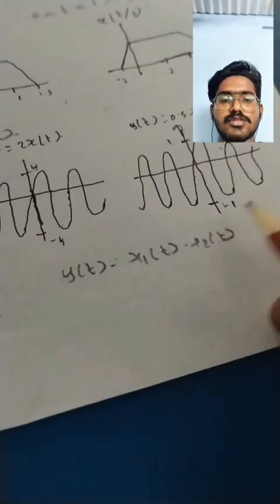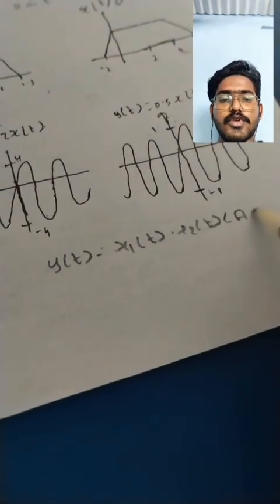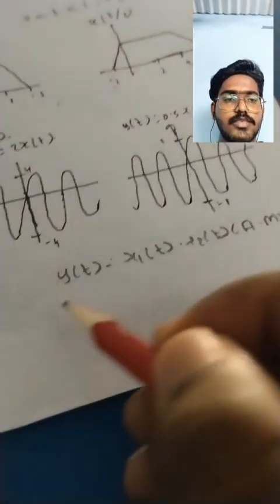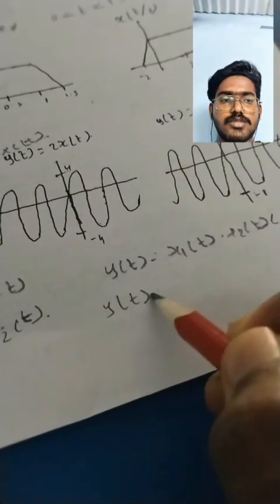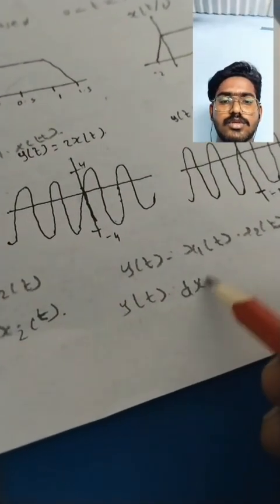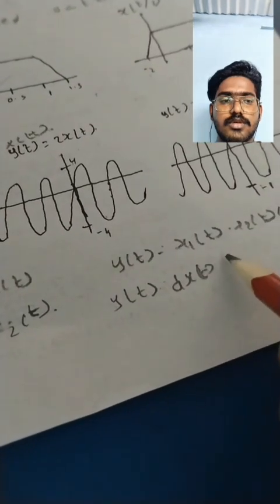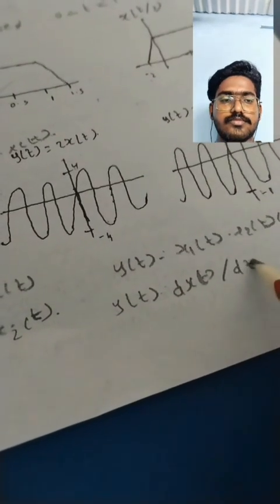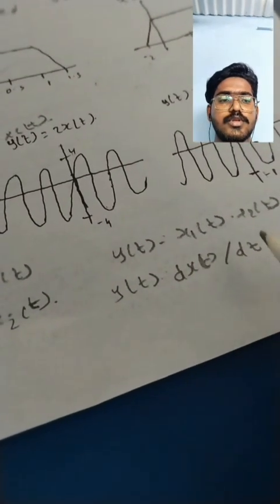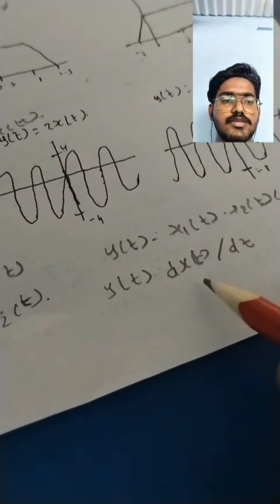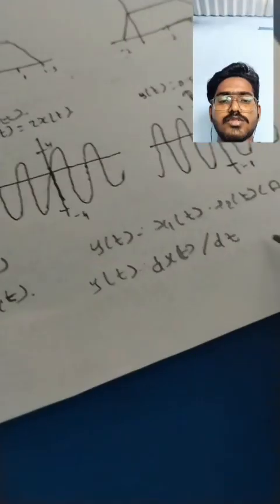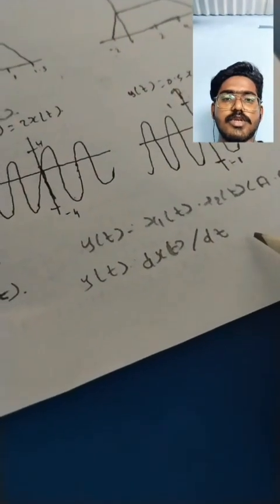It is called amplitude modulation, or AM. For differentiation, y of t is equal to dx of t by dt. It represents the rate of change. Example, velocity from displacement.